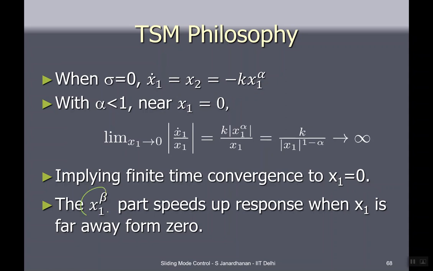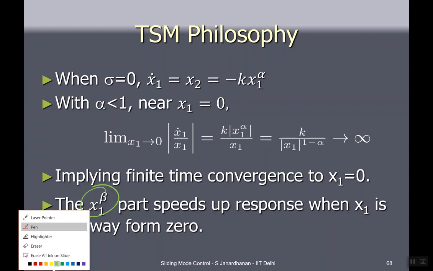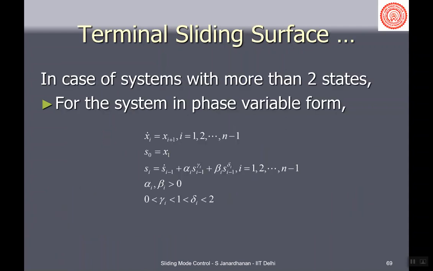And this other part, x1 raised to beta, speeds up the response when x1 is far away from the origin. This was only for a second order system, and we can extend this to higher order systems by nesting the different sliding surfaces. You can define S0 as x1 and Si based on Si minus 1.